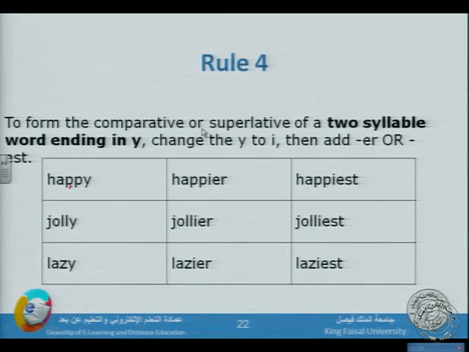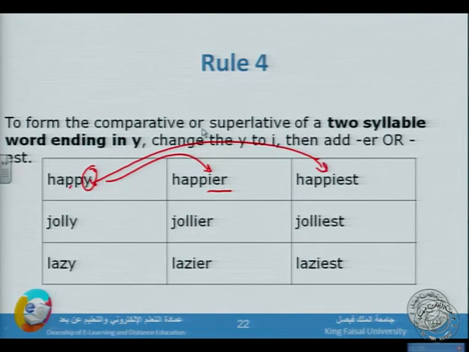If you want to make a comparative form of the adjective happy, you need to change Y into I, and then you add ER. And the same thing you should do with a superlative. You need to change Y into I, and then add EST. فتصبح happy, happier, happiest.